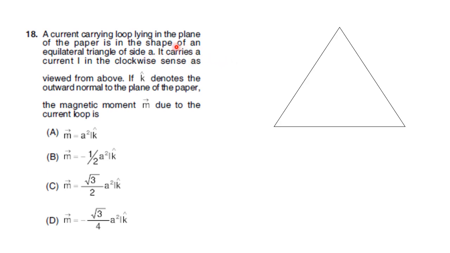So here the current is flowing in a loop in the shape of an equilateral triangle whose sides are A. It carries a current I in the clockwise sense, whose magnitude is I. Here K is the outward normal to the plane of the paper, and we need to calculate the magnetic moment M.